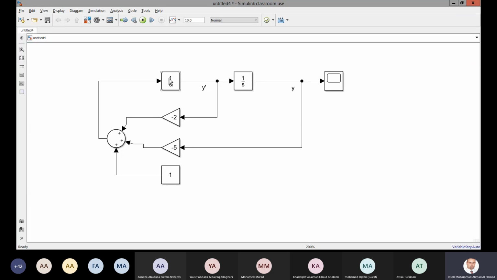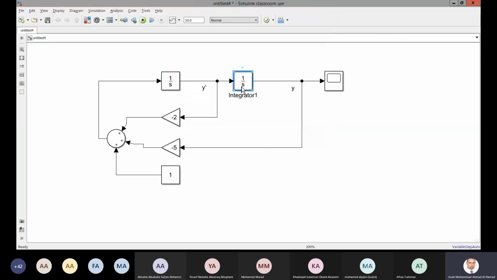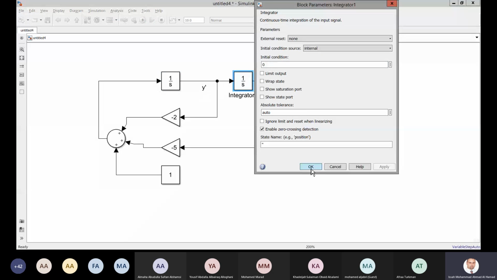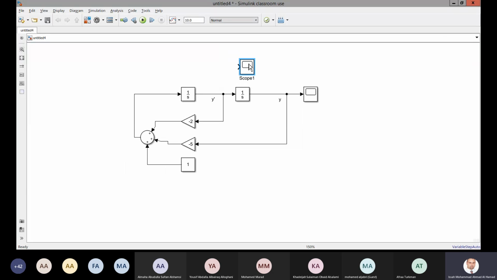Now the boundary conditions: y prime of 0 equals 0, and y of 0 equals 0. This is our differential equation. Let me add another scope here, so we will have an idea about y prime. So y double prime equals minus 2y prime minus 5y plus 1.